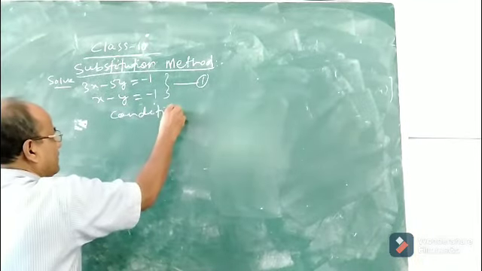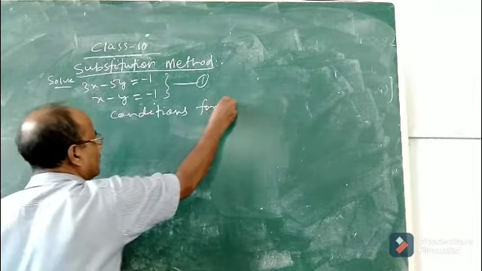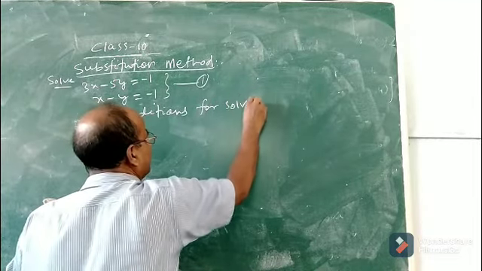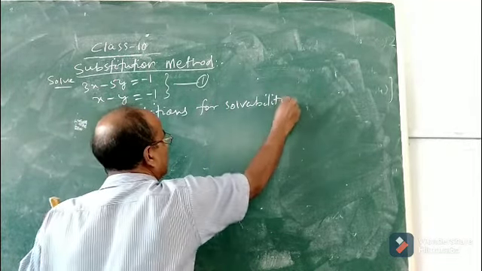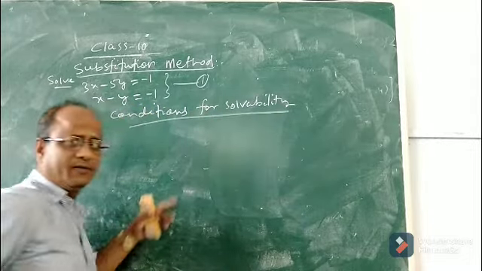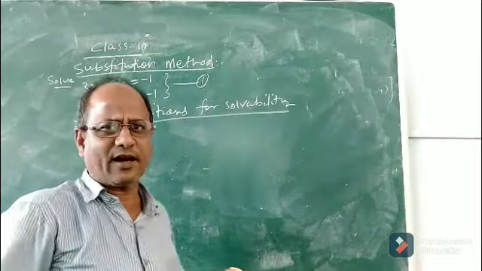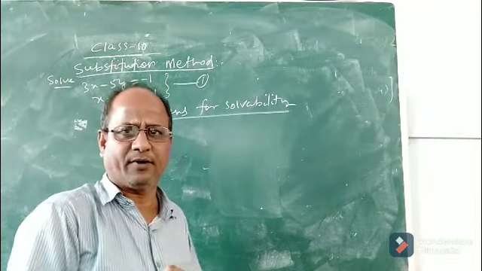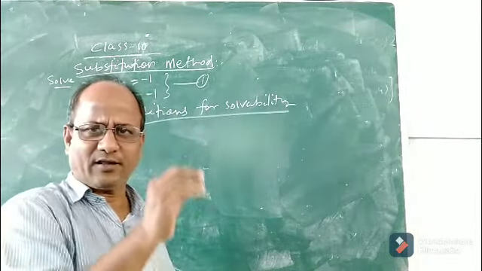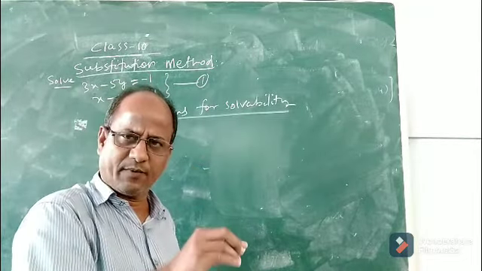Before I discuss what the substitution method is, first I must say the conditions for solvability. What is the meaning of conditions for solvability? Children, while discussing the graph, I told you one thing, you must have remembered. In the graph I said first you find the value of a1 by a2, then b1 by b2.